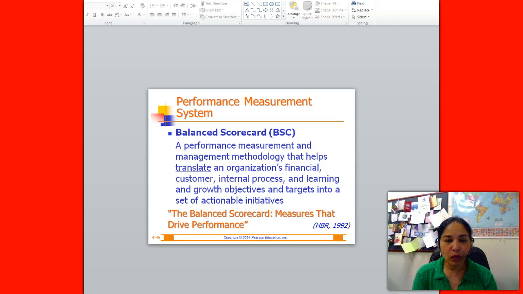Then Balanced Scorecard or BSC is probably the best known and most widely used performance management system. Central to the Balanced Scorecard methodology is a holistic vision of a measurement system tied to the strategic direction of the organization. As a measurement methodology, BSC is designed to overcome the limitations of systems that are financially focused.